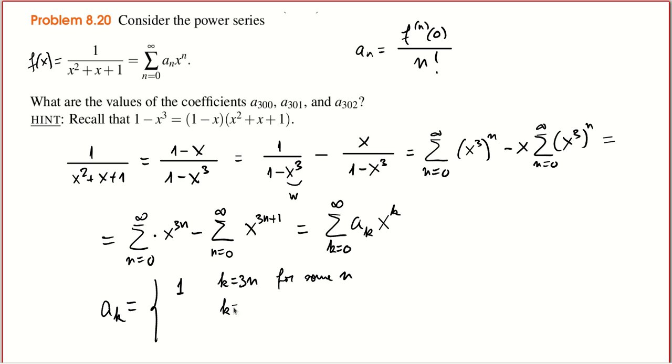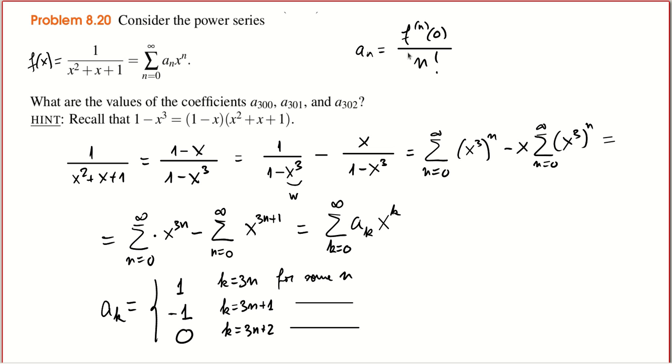If k = 3n + 1, again for some n, then the coefficient is -1. And if k = 3n + 2 for some n, then the coefficient is 0, because there are no terms in this series of the form x^(3n+2). So this is the coefficient a_k.